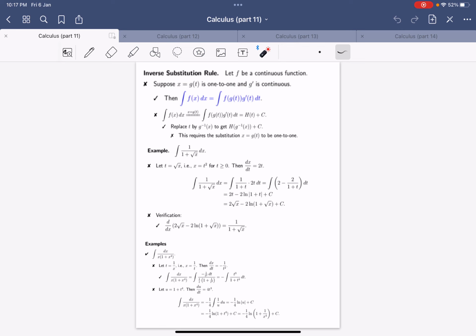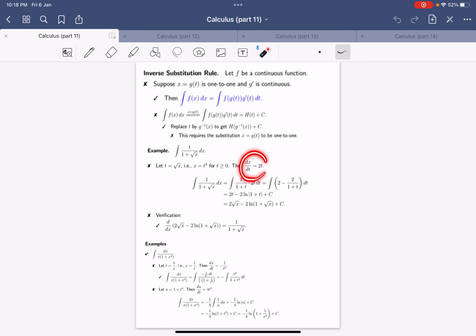So what do I mean by the inverse substitution rule? The easiest is to use an example to illustrate my point. For example, you get this 1 over 1 plus square root x. You might be thinking that you can integrate 1 over 1 plus x easily because it will be ln 1 plus x. But now you have a square root x. So what you do is you let t equal square root x.